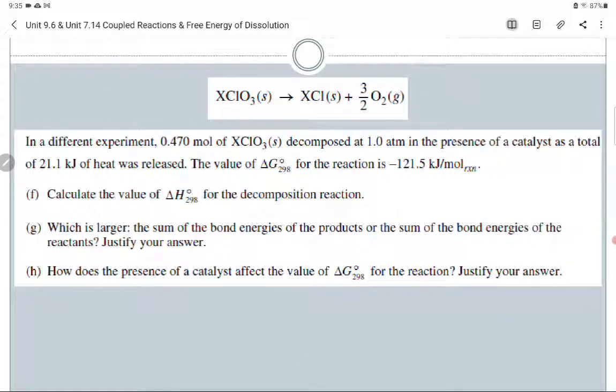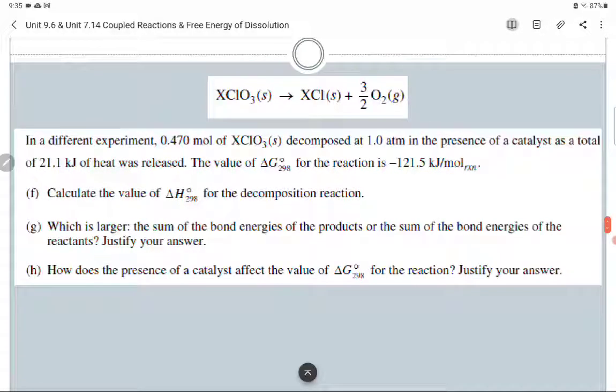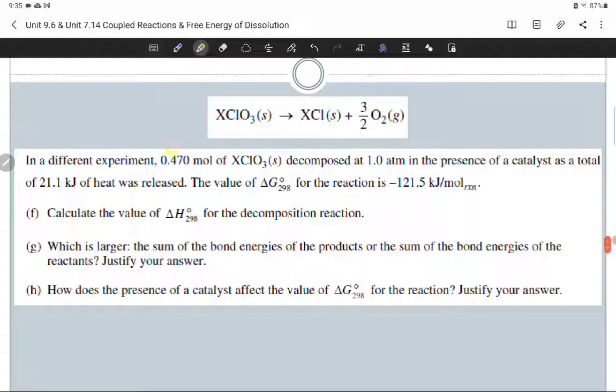So it looks like this is a free response style. We have some moles. I don't know if we're going to need that. But I have a feeling we're going to need... Oh, and that says released. That's going to be important. And maybe we need the delta G too. We'll see. Calculate the delta H for this decomposition.